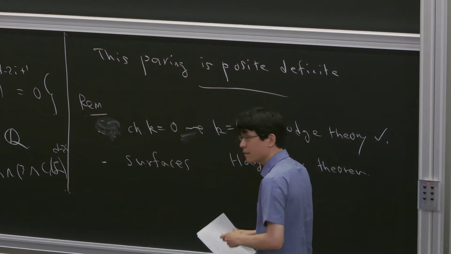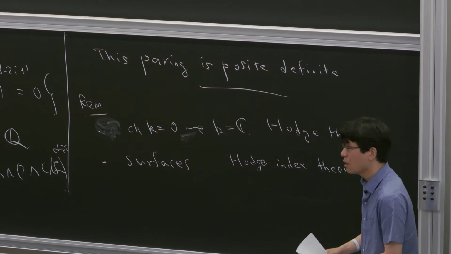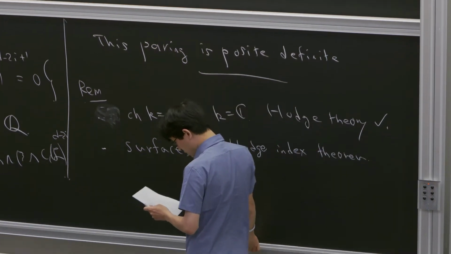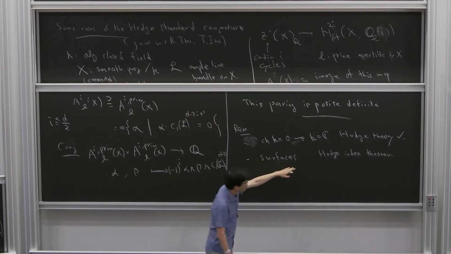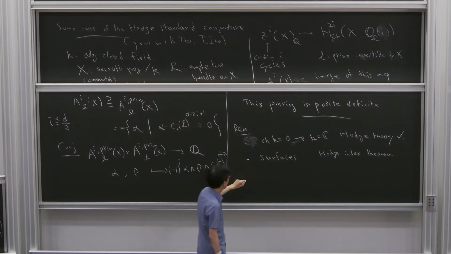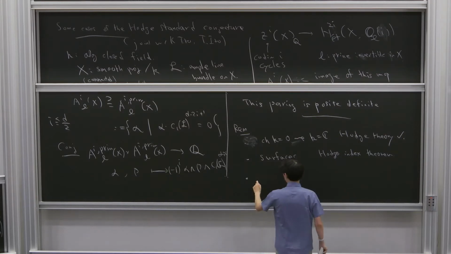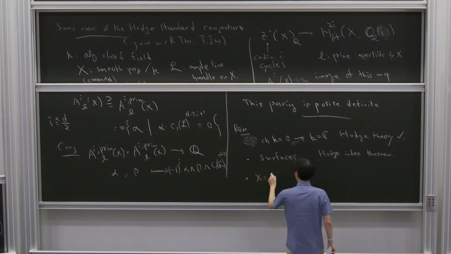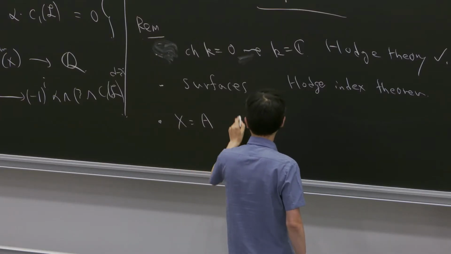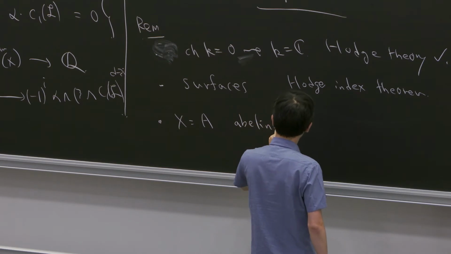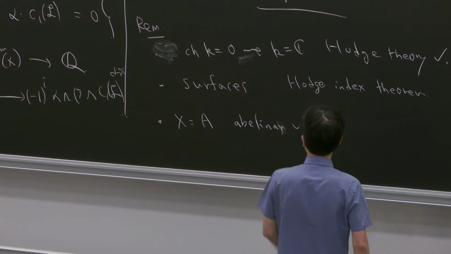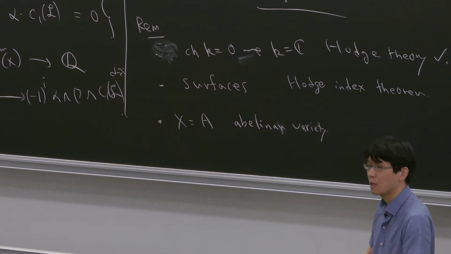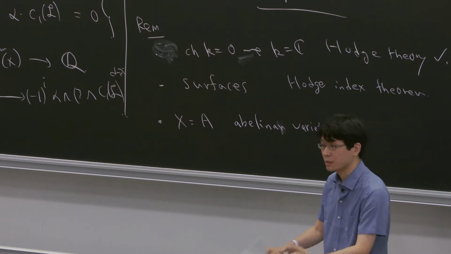Okay. But there are some special cases we can handle. So using this case of divisors, one proves the following. Suppose X is an abelian variety, and consider only cycles generated by divisors.